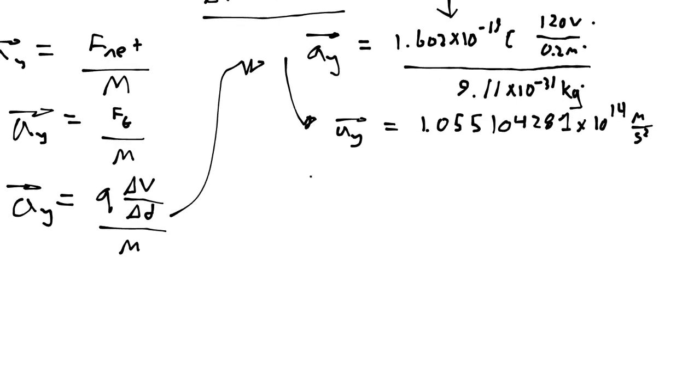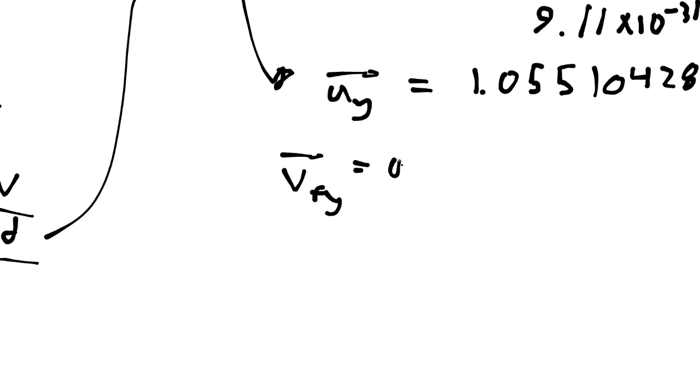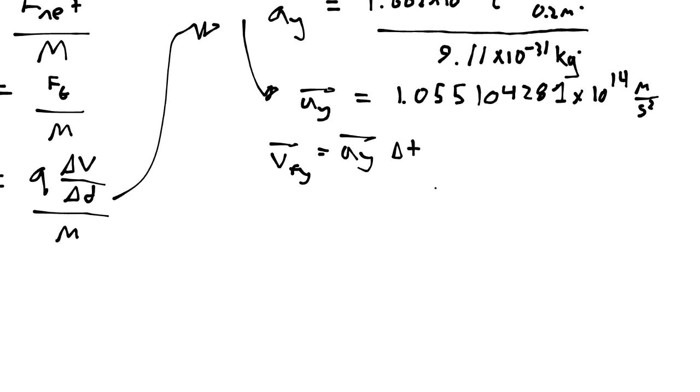So let's do that. V_F equals acceleration. Oh, this is in y. Acceleration in y multiplied by delta t. So I'll skip ahead and write in that now.